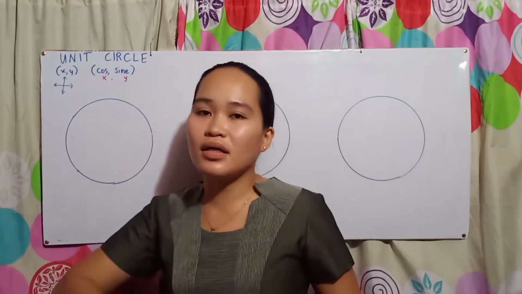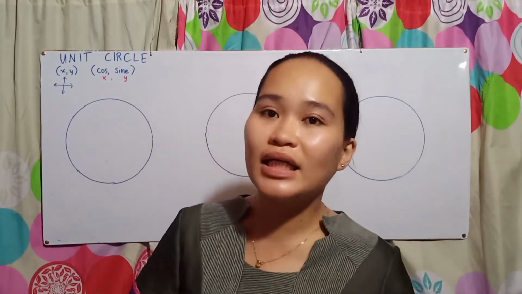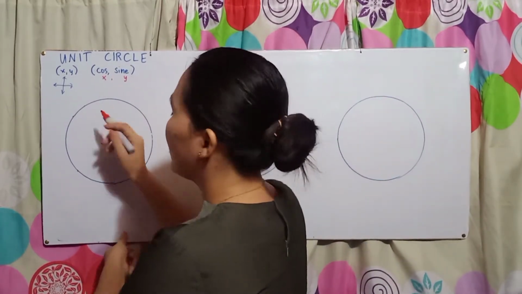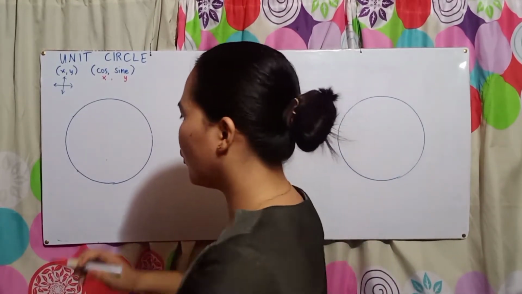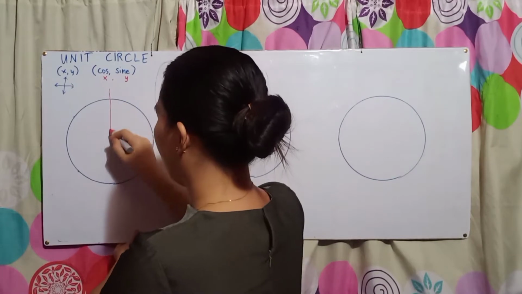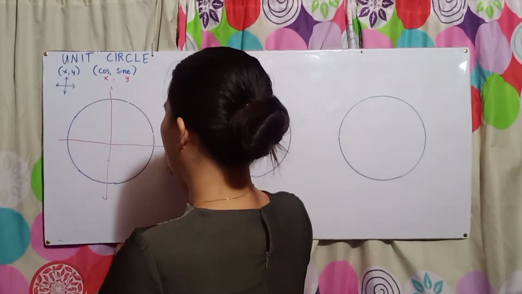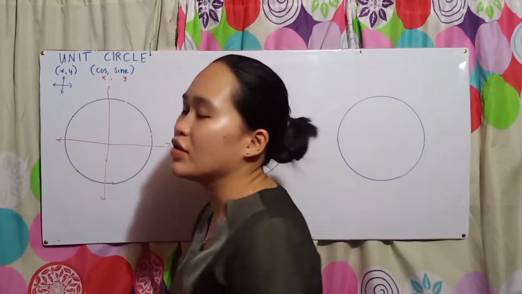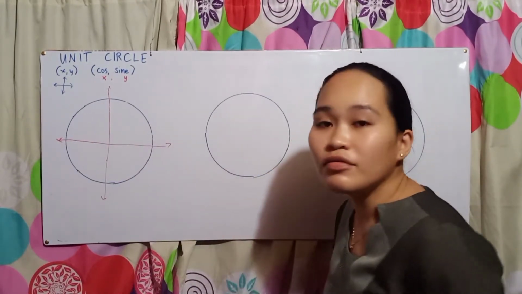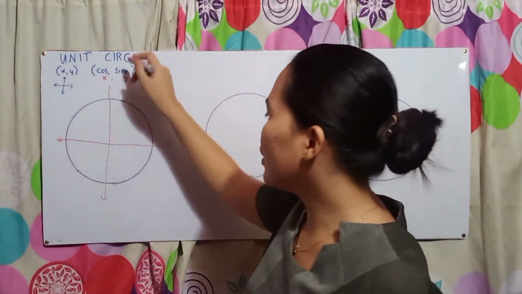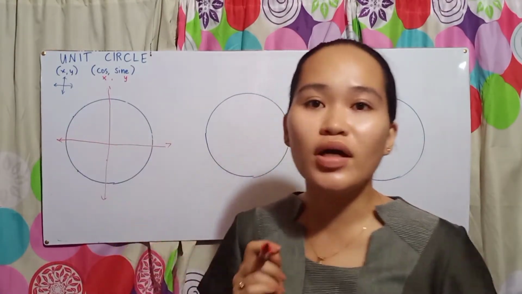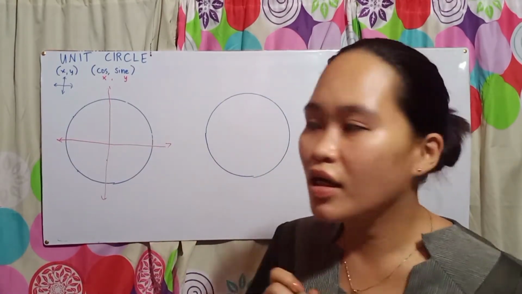The first circle, we divide it into 2. 1, 2. So it is divided twice, so the denominator is 2.